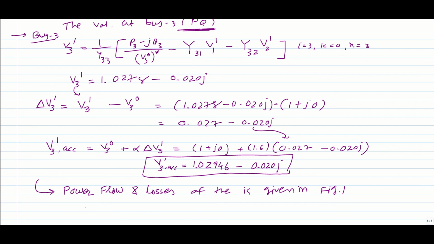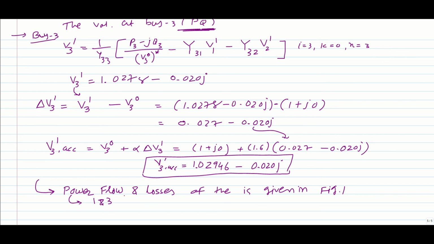So I will give one homework to you. You just need to calculate the power flow between bus number 1 and 3, and also calculate the power losses.